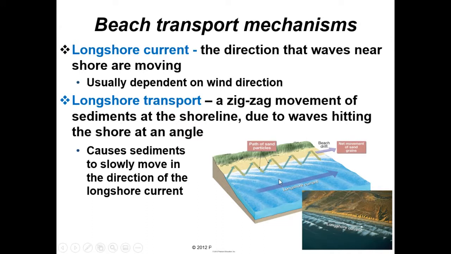Basically, that has an effect with sedimentation of sand at the beaches, and this concept is called longshore transport. So basically, what you have is two different actions occurring simultaneously, well, one after another. And those are reflected by these two green arrows.